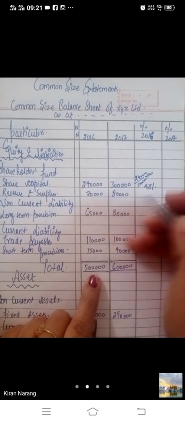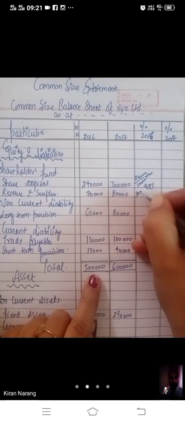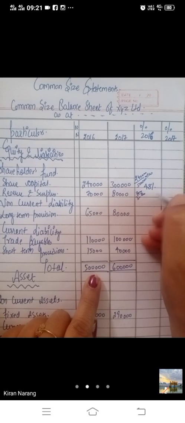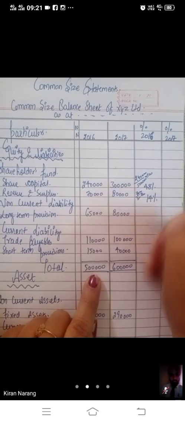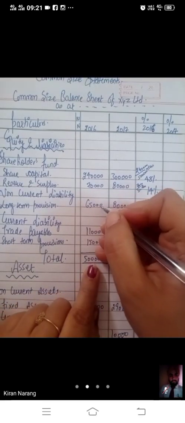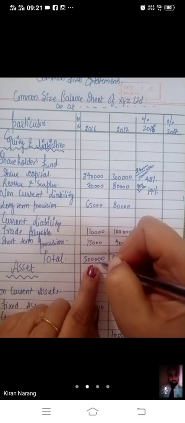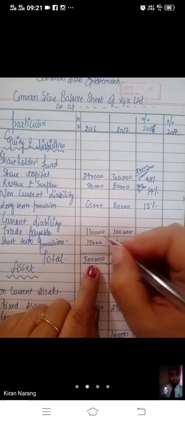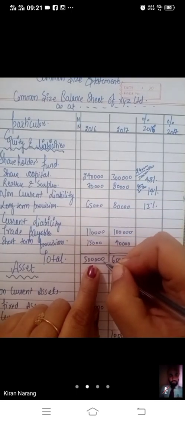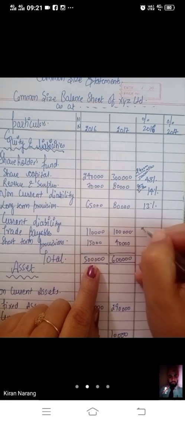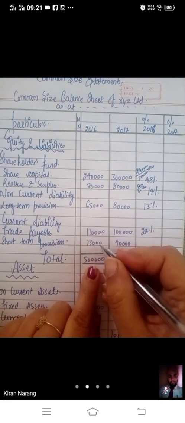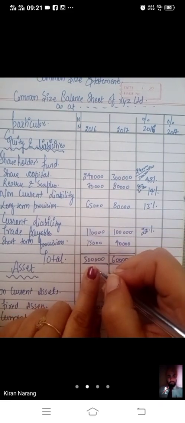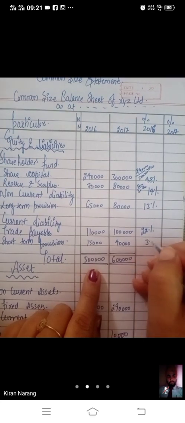Then 70,000 divided by 5 lakh into 100. The percentage of reserve and surplus in comparison to total liabilities is 14%. Then 65,000 divided by 5 lakh, this percentage is 13%. 1 lakh 10,000 divided by 5 lakh into 100, this is 22%. 15,000 divided by 5 lakh into 100, this is 3%.